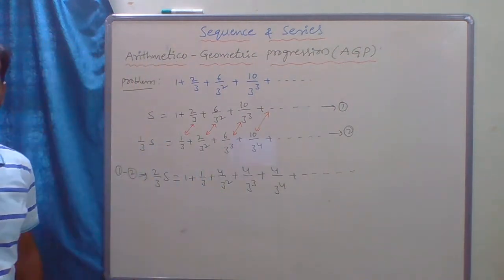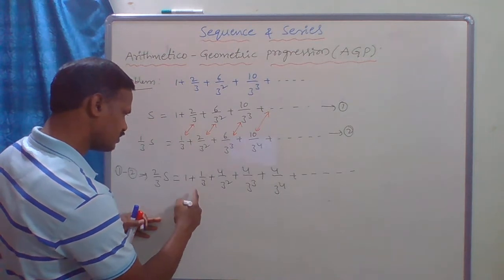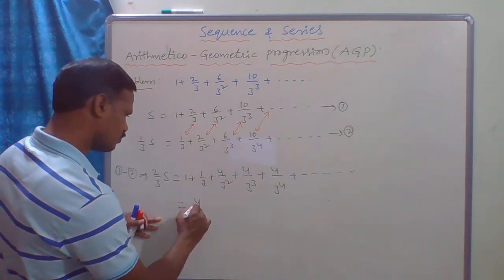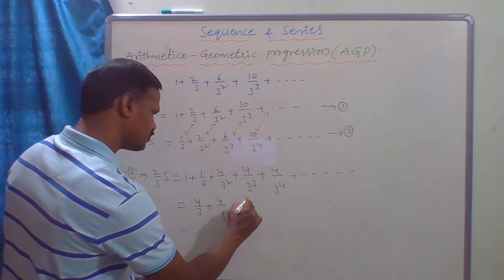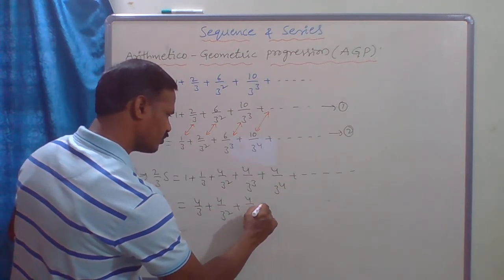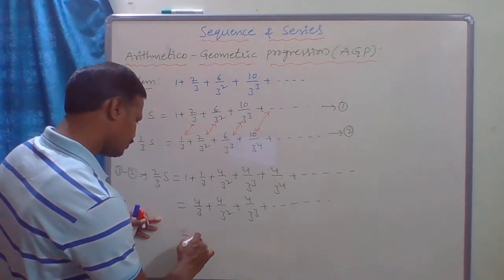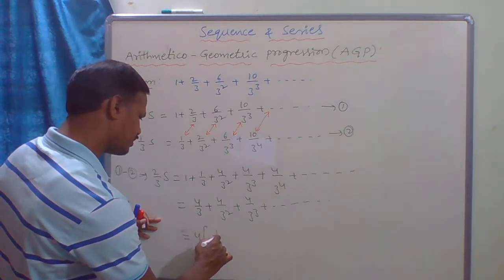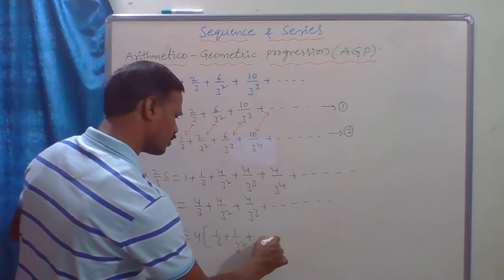Clear? Now this is equal to 1 plus 1 by 3, which is 4 by 3, plus 4 by 3 square plus 4 by 3 cube plus so on. Now take 4 common: 1 by 3 plus 1 by 3 square plus so on.